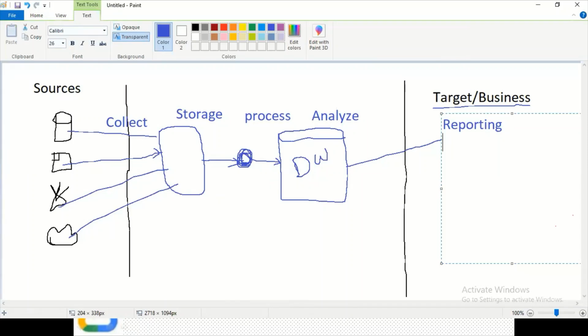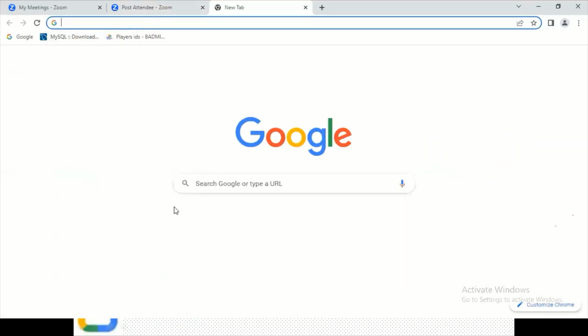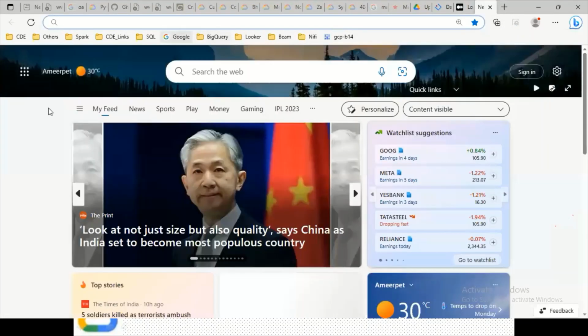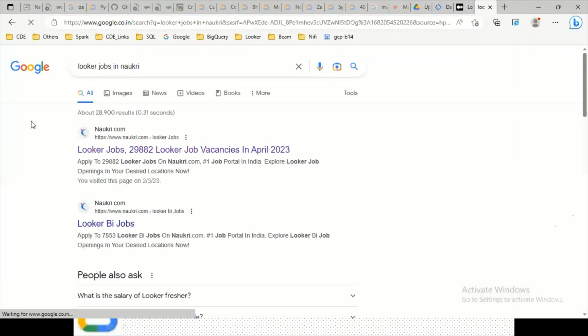Looker, the Google-based reporting tool, will be in huge demand in the near future, guys. You can see Looker jobs in Naukri: 29,000 jobs are there. What about Snowflake? Snowflake is a data warehouse.